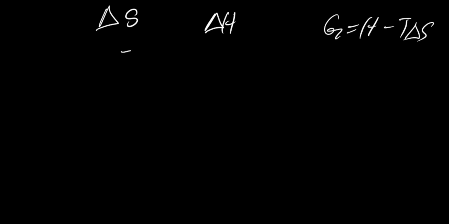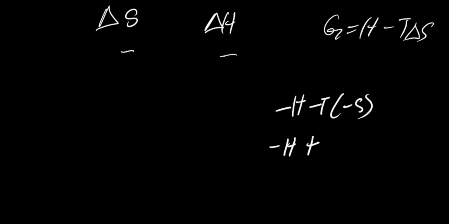Now, what happens in a case where we have entropy to be negative and enthalpy to be negative? We would have negative H, negative T times negative S, and this would give us negative H plus TS. However, we want to know whether or not our reaction would be spontaneous.